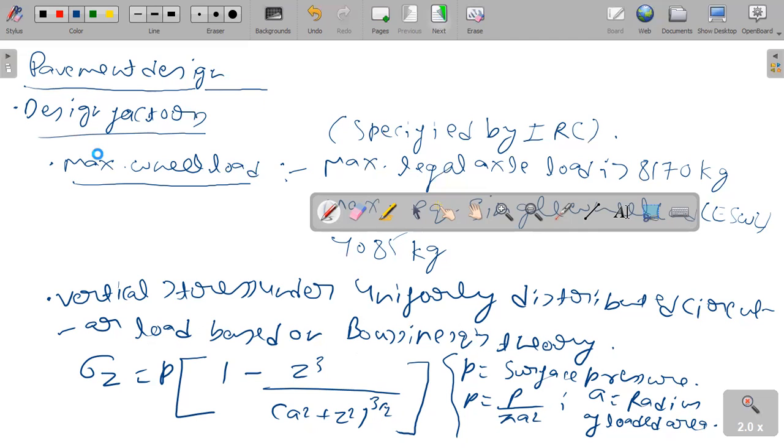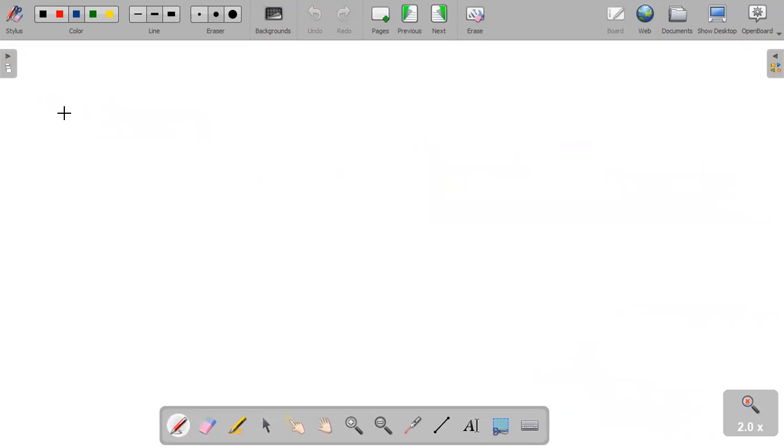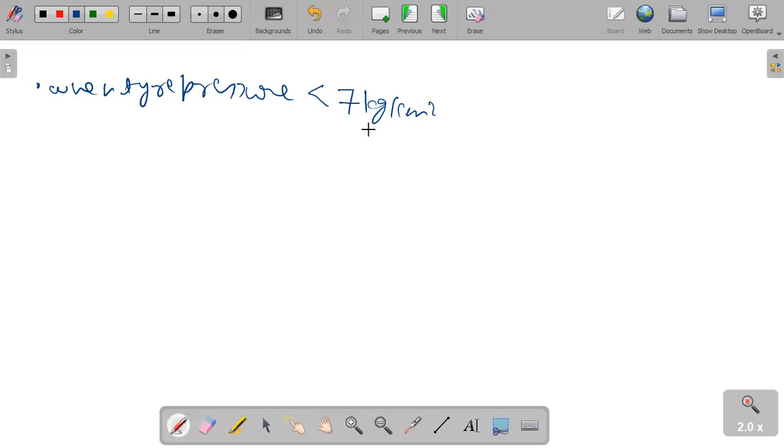Let's move forward to our next topic. There's one concept: when tire pressure is less than 7 kg per centimeter square, then contact pressure is greater than tire pressure.